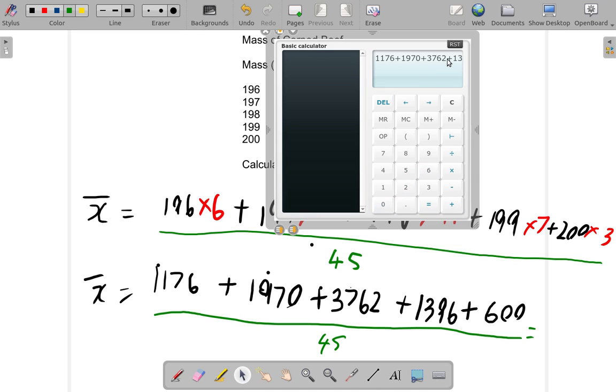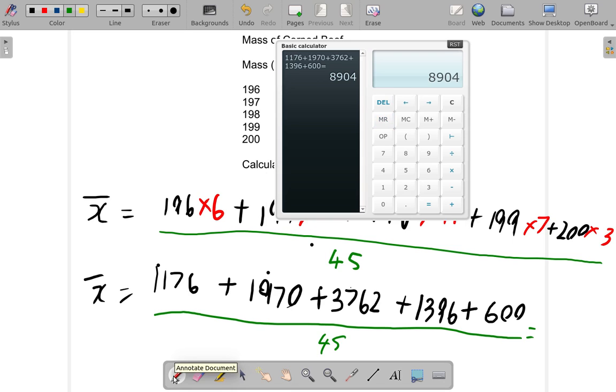So you have all of that equals 8904. So that comes to 8904.